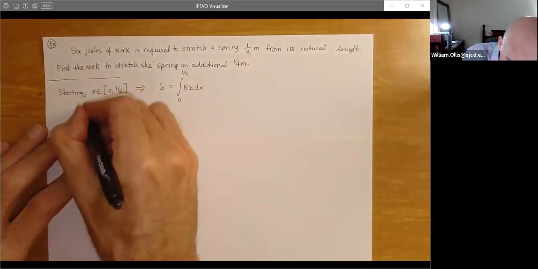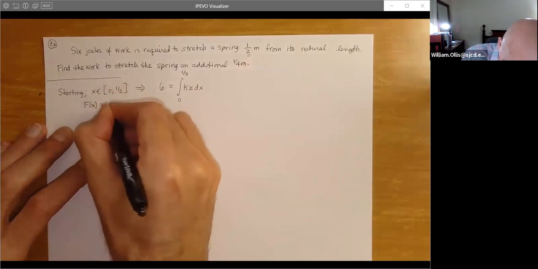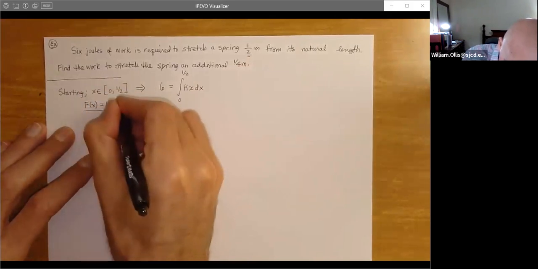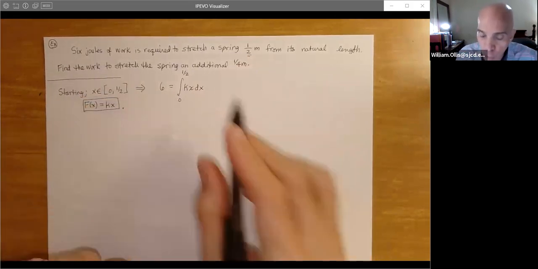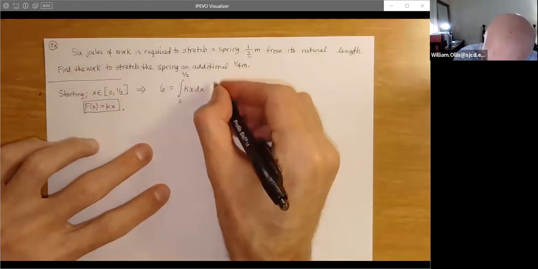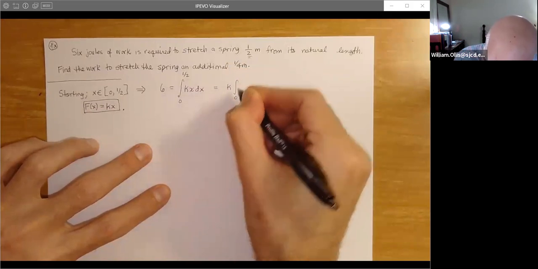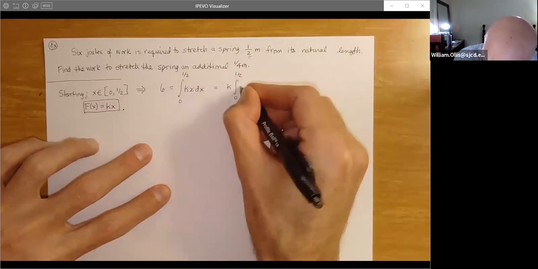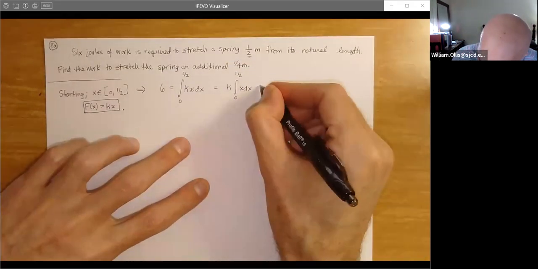So just remember that the variable force is kx, Hooke's law, the magnitude. And so here we can solve for K, but like I said before, in a different manner. So this will equal, we can go ahead and just write this as K times the integral 0 to 1/2 x dx. And we always wish all of our integrals were this simple.